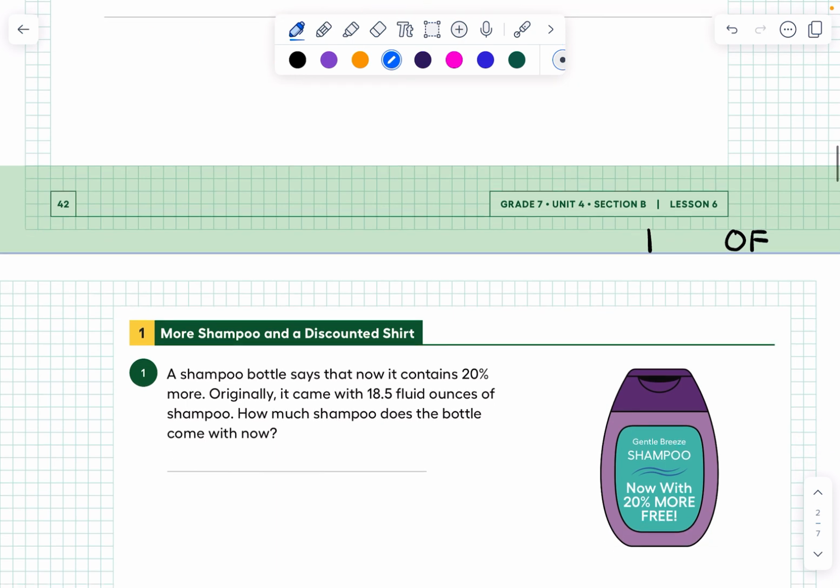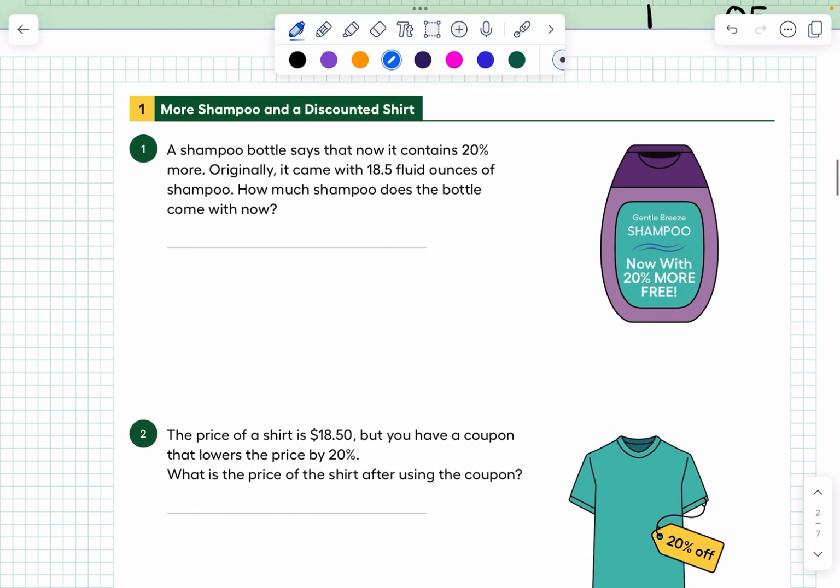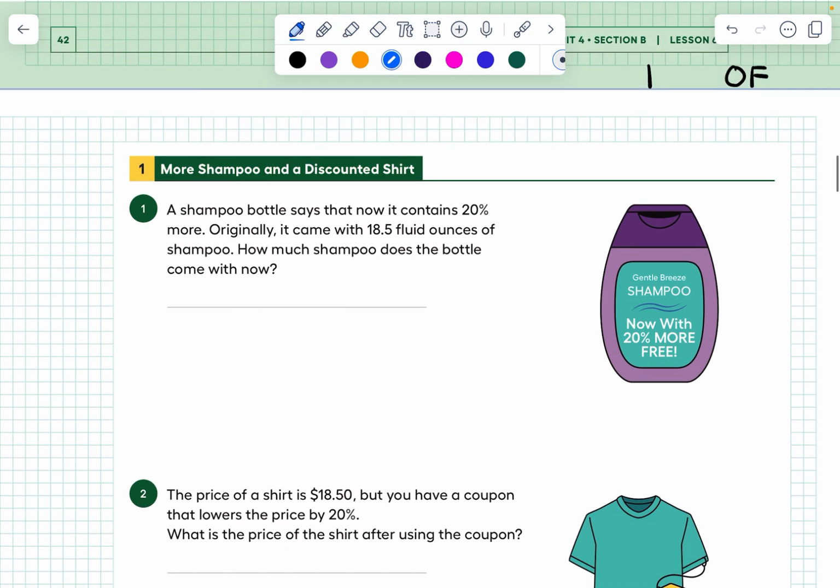All right. Activity 1, it says more shampoo and a discounted shirt. There are so many different ways that I could teach these problems, but I'm going to teach it using a specific method that's going to be really, really helpful for you in 8th grade and in high school, and that is being able to build an equation.